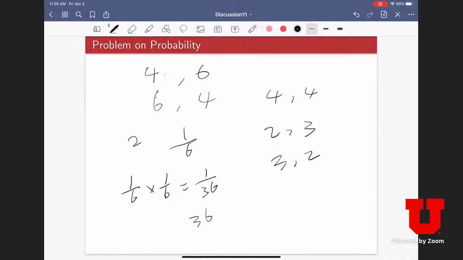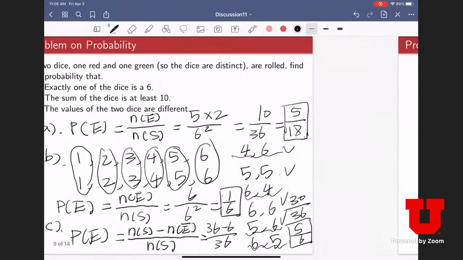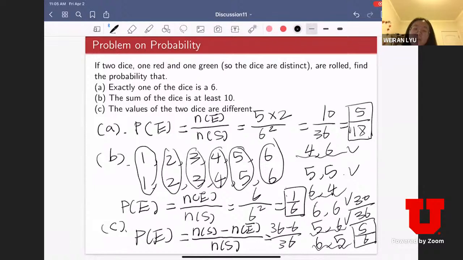But for 2 distinct dice, 2-3 is different from 3-2. It's like which one is 4 and which one is 6. If the red is 4 and the green is 6, it's different than the red is 6 and the green is 4. That's when the order does matter.